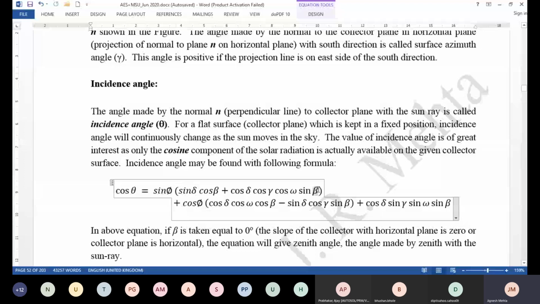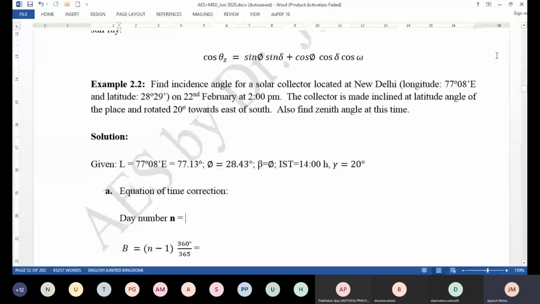Then cos 0 is 1, so cos beta becomes just 1. Again you have cos beta here, which will become 1. Here you have sine beta, which will vanish, and again the last term also will vanish. So this formula will get very much simplified.